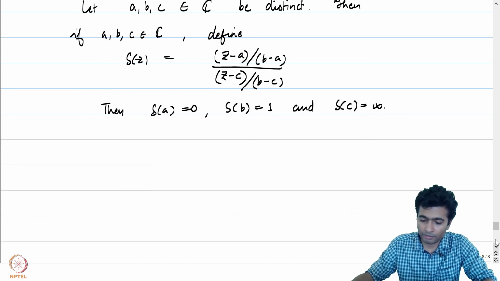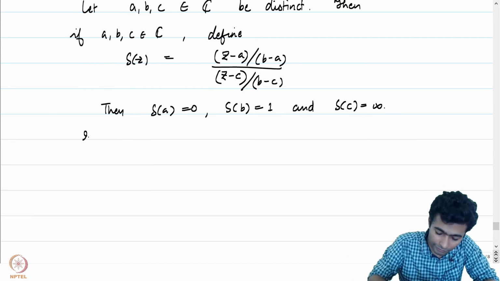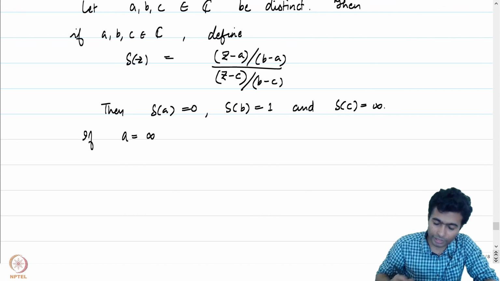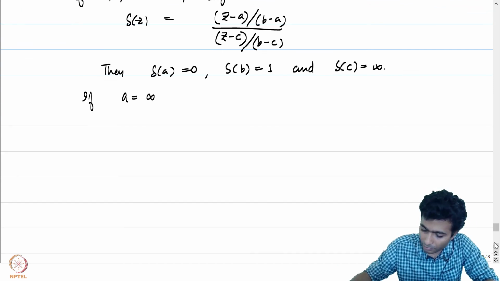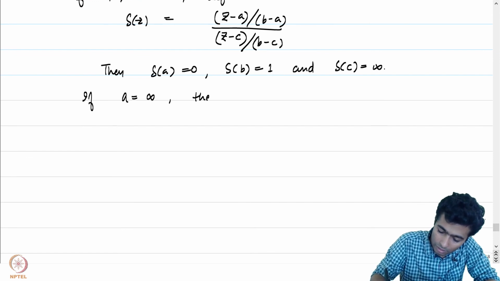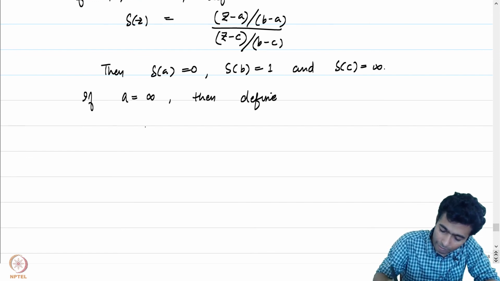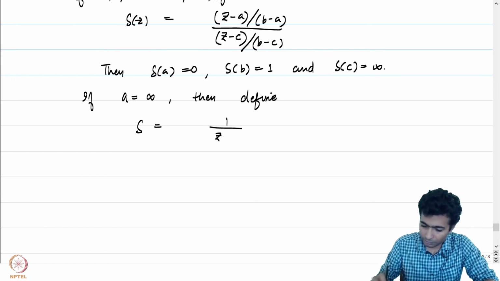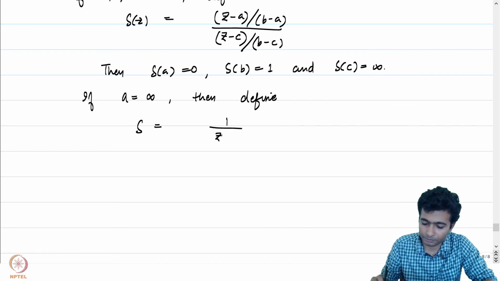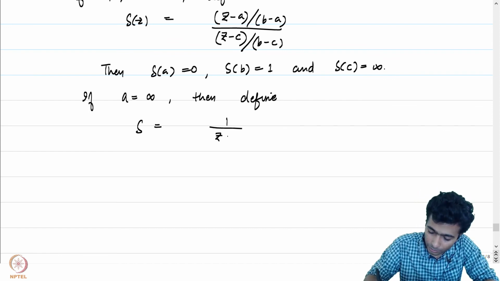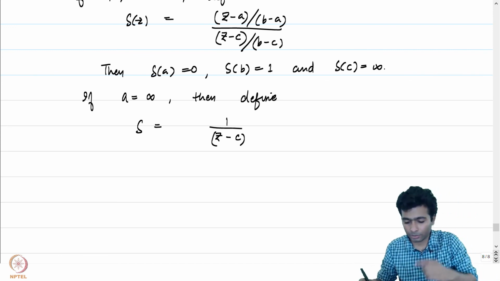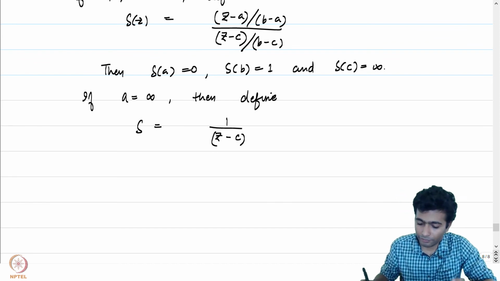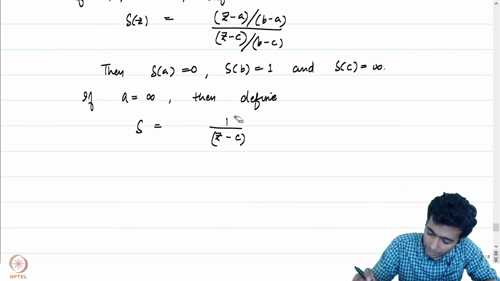This can be arranged when one of them is infinity as well. So if A is equal to infinity, let's see what happens. Then define our S of Z in the following manner. We want A to be sent to 0, C should be sent to infinity and B should be sent to 1.